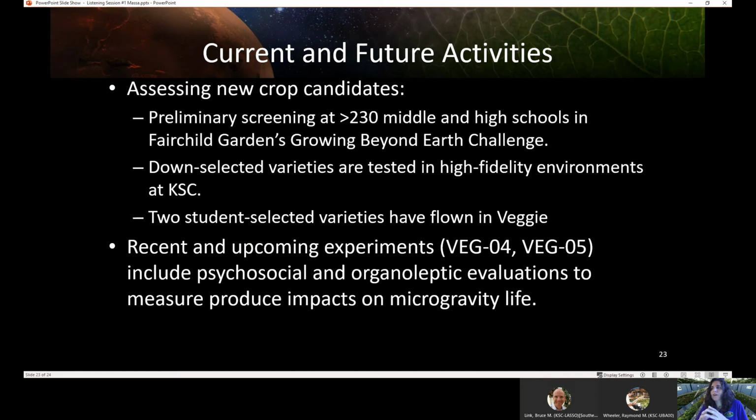So we have a citizen science program called Growing Beyond Earth, in collaboration with the Fairchild Tropical Botanic Garden in Miami, who runs this program. And so far we've had, on average every year, 200, this year I think we're going up to 250 middle schools and high schools around the country helping us to select crops for space.